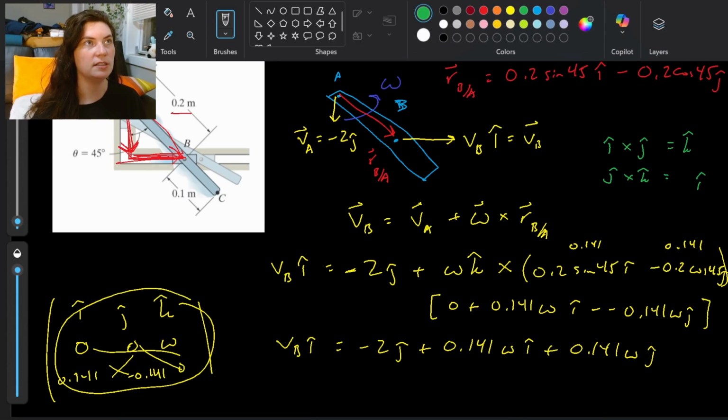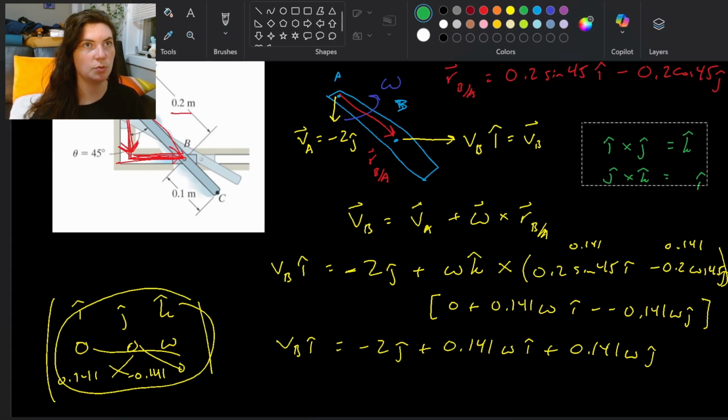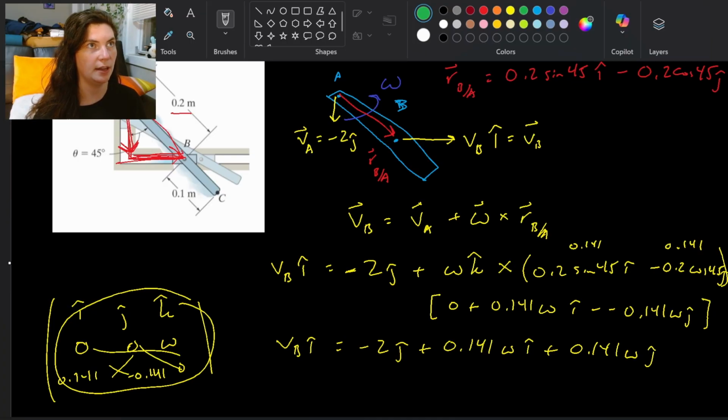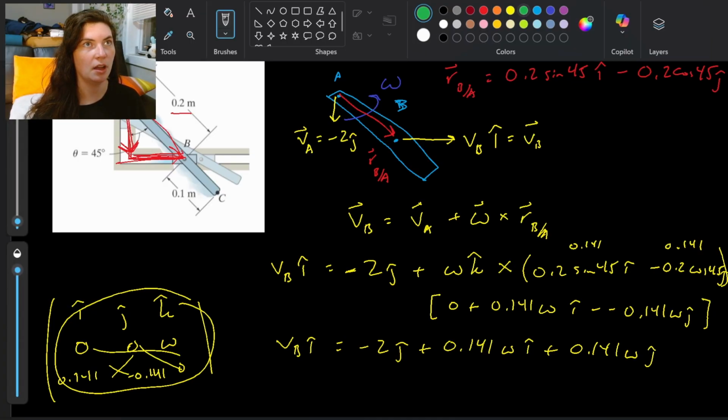So for our cases, what's going to be really useful is that we're always going to have a k hat crossed with either an i or a j. So when we have k hat cross i hat, that is always going to give you a positive j hat.